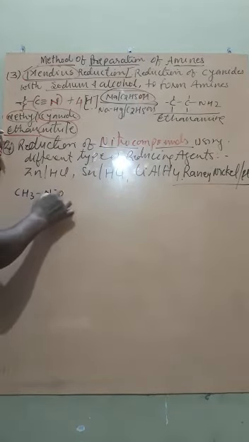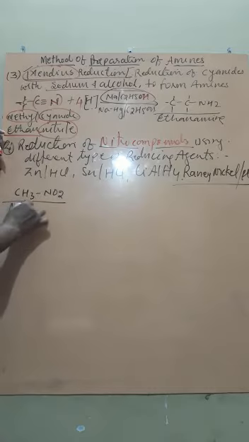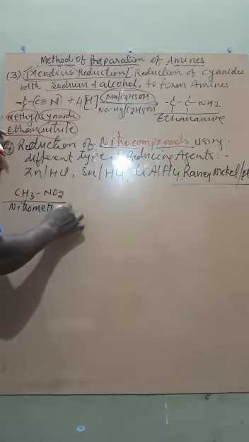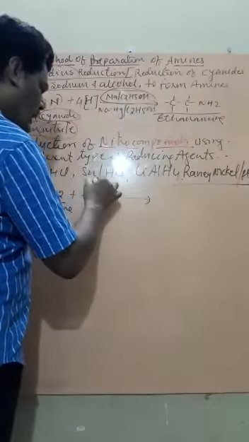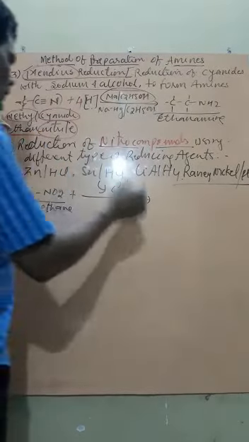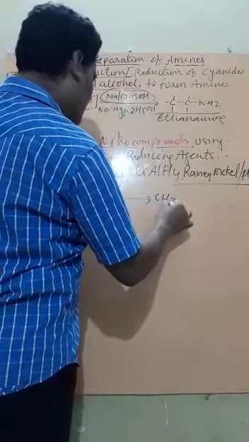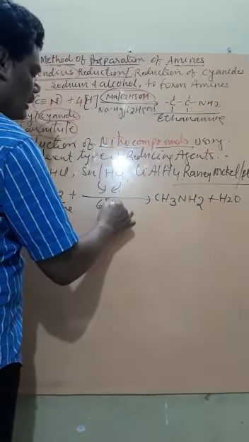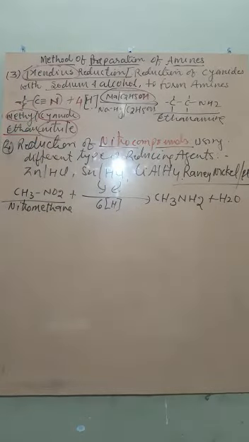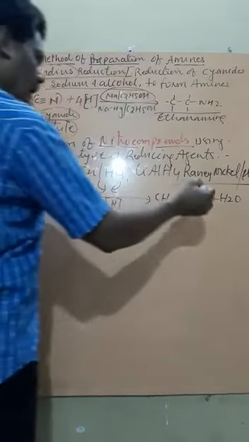Now for a nitro compound, you can take CH3NO2, that is nitromethane, plus any of these reducing agents, which will convert it into CH3NH2 plus H2O. Here 6 nascent hydrogens are required, because 2 are attached here and 4 are used to remove the oxygen.